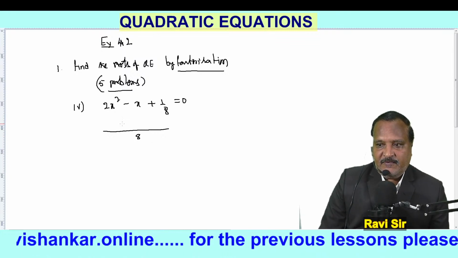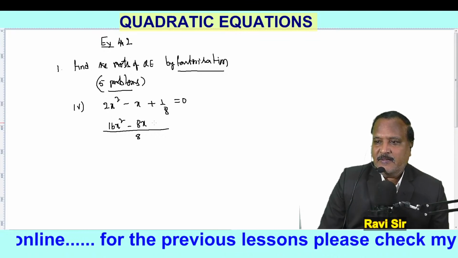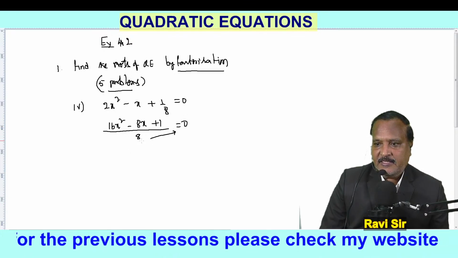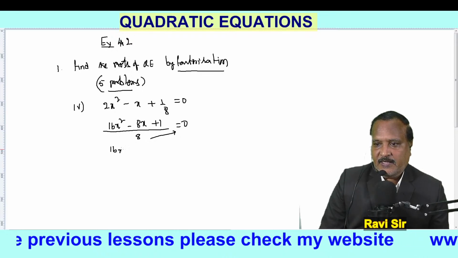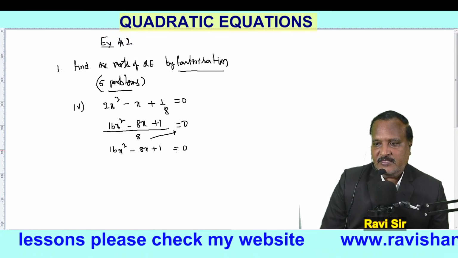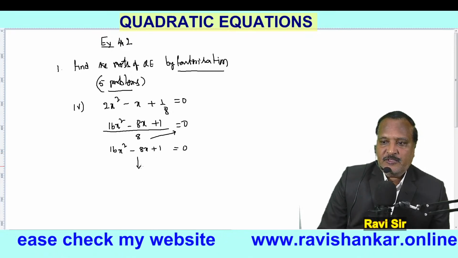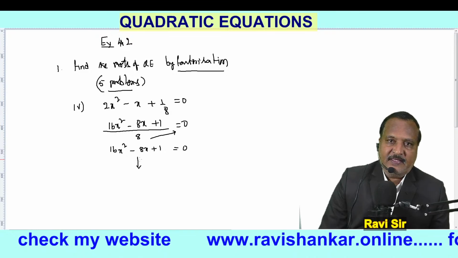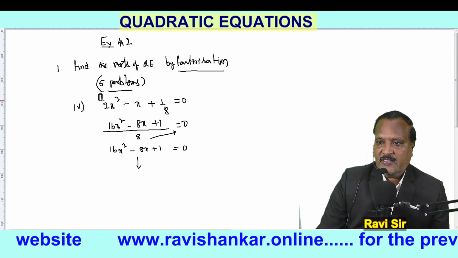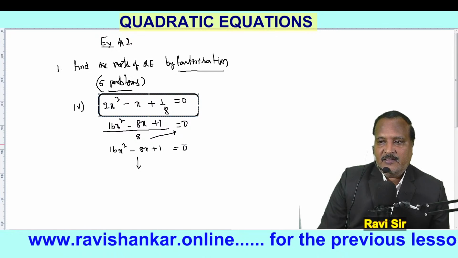It is equal to 16x square minus 8x plus 1 is equal to 0. In the next step, cross multiplication, 8 will become 0. So finally you will get 16x square minus 8x plus 1 is equal to 0. Now you can use the process of factorization and find the roots. When the equation is not in the standard form, you can bring it into the standard form and use the factorization process.